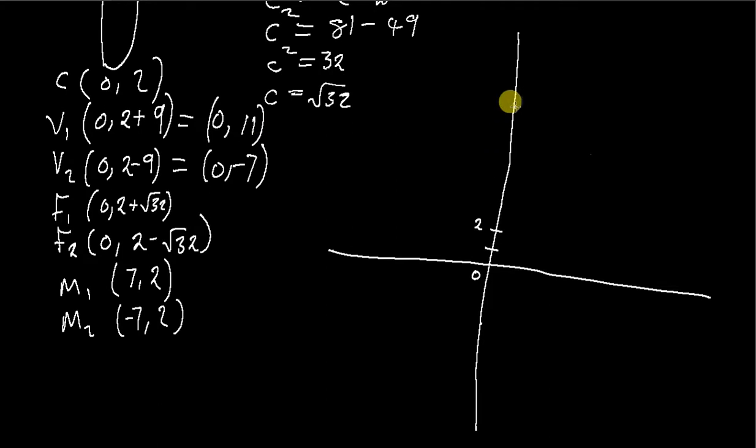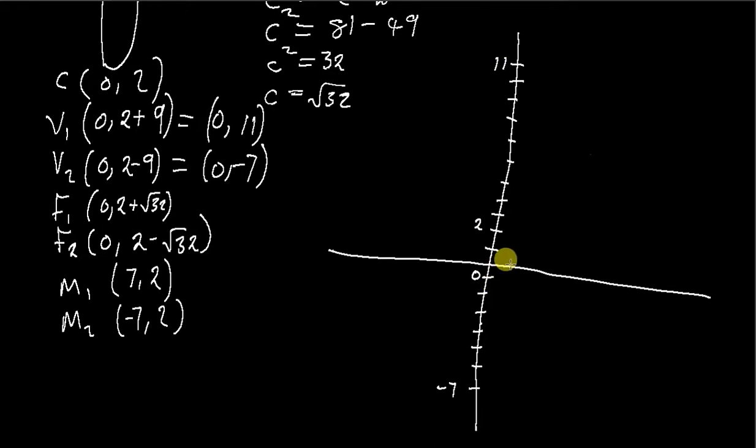So expect to move 7 more steps up. 1, 2, 3, 4, 5, 6, 7, 8, 9, 10, 11. And then going down we have negative 7. 1, 2, 3, 4, 5, 6, 7. So we have negative 7 there. Then you have 11 there.